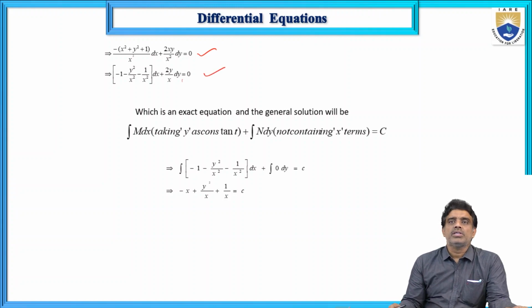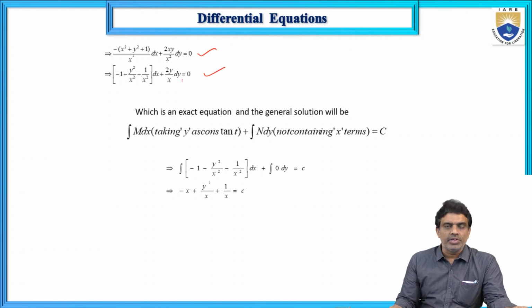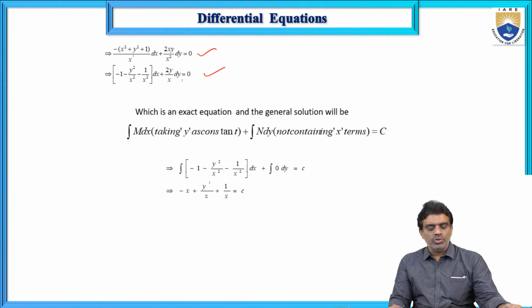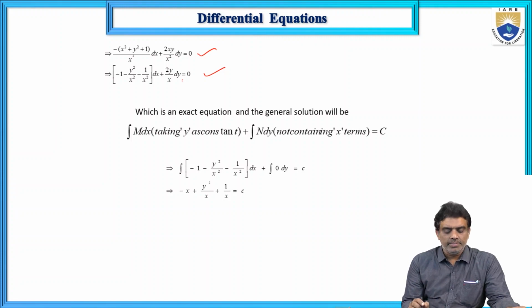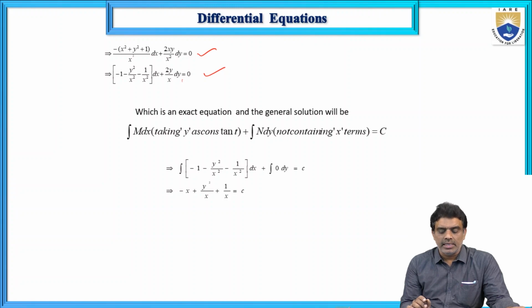This equation is an exact equation, and the general solution will be the integral of M dx treating y as constant, plus the integral of the terms of N not containing x, dy, equal to c.